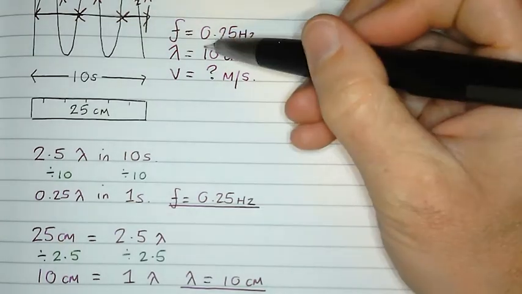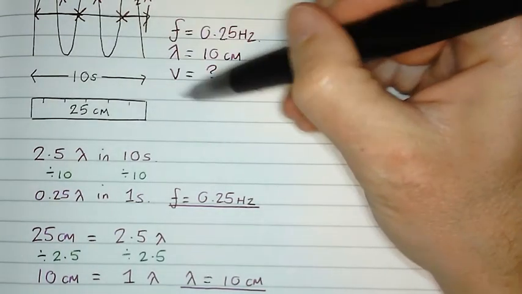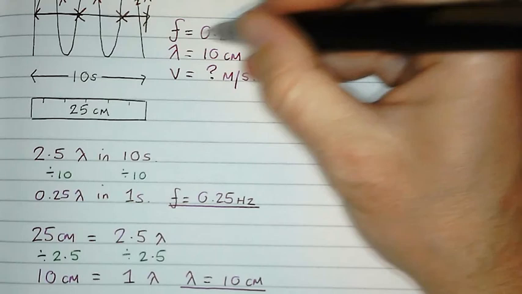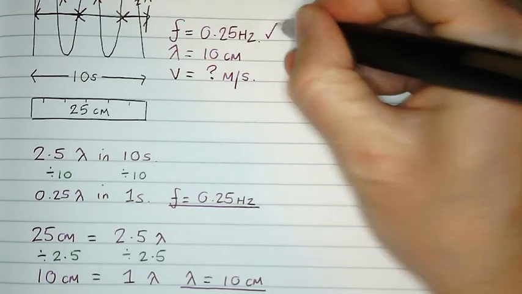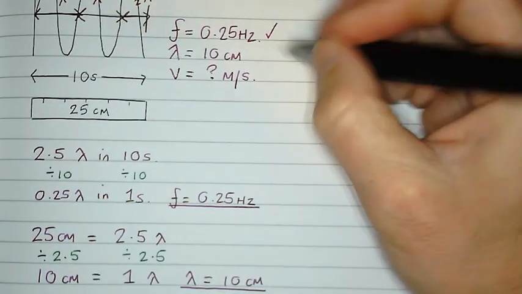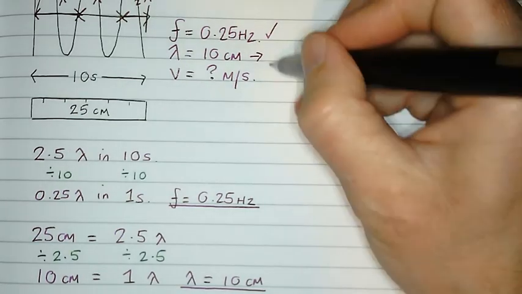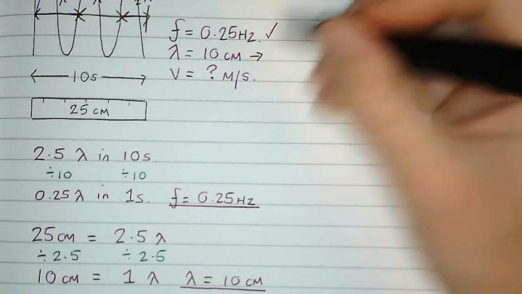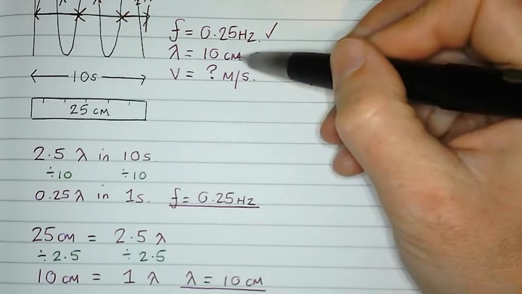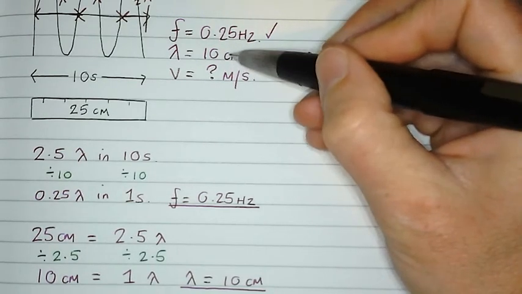So now we've extracted what we need to, we need to check the units. Frequency in hertz, yes. Wavelength in centimeters, no. That needs to be converted to meters. Remember, there are 100 centimeters in a meter. So 10 centimeters is less than 100, so this is going to be a 0 point something.